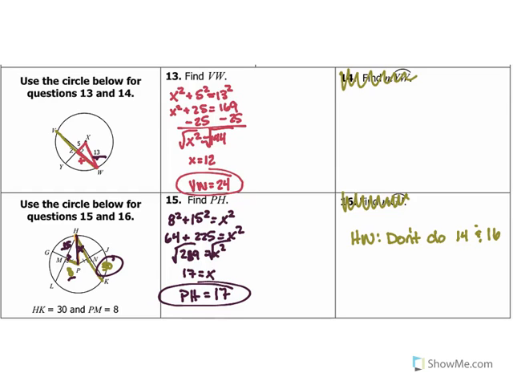So you guys have to show more work than you've ever had to show before, just because we're not in class. So just make sure you're showing all of your work. If you're doing it in your head, just go ahead and write it down. Just because we're doing the online school stuff, then I can check your stuff for you. So go ahead and do your homework, take a picture of your answers with your work, and email it to me, and that is your grade for the week.